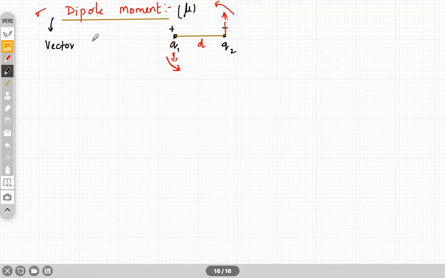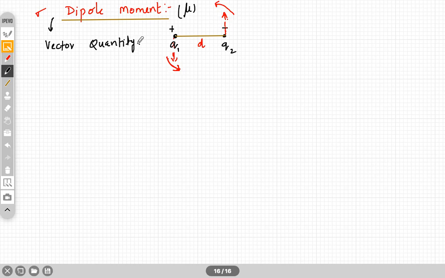You must have studied vector and scalar, right? What is a vector? Force with direction. Magnitude and direction, both.